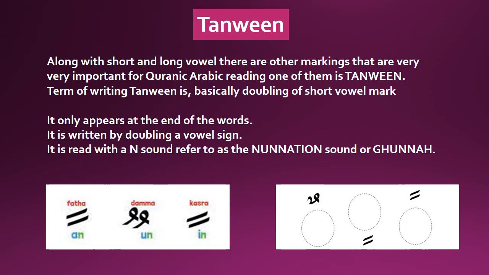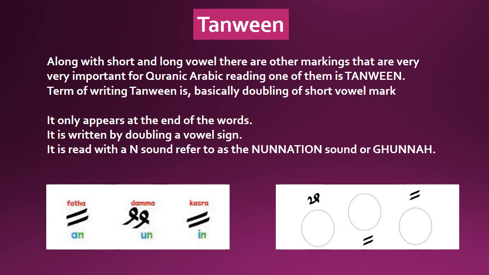Today we will learn about Tanween. Along with short and long vowels, there are other markings that are very important for Quranic Arabic reading. One of them is Tanween. Tanween is basically the doubling of the short vowel mark.